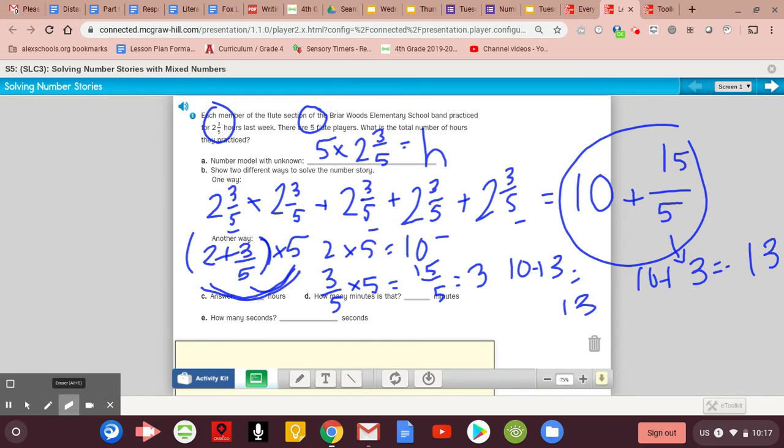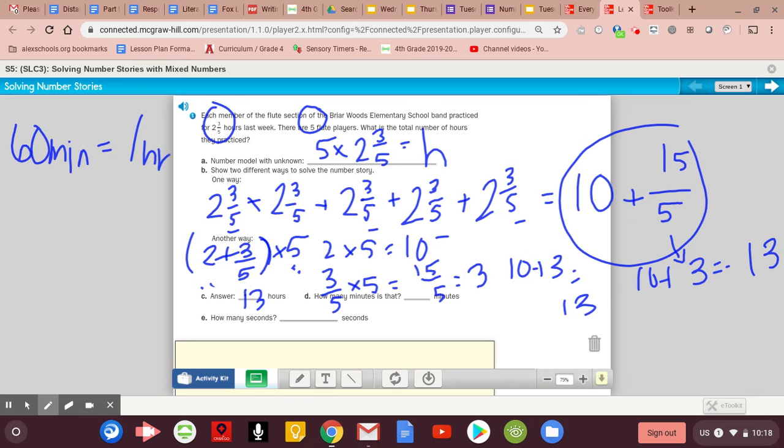So I'm going to erase this here so we can see our next questions, it says answer. So I'm going to put my 13. And then it says, how many minutes is that? 13 hours. How many minutes is that? Well, if I look over here, I know that we have 60 minutes in 1 hour, right?